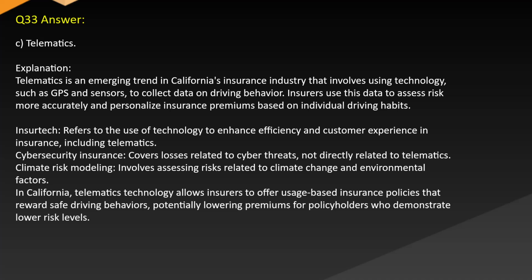Cybersecurity insurance covers losses related to cyber threats, not directly related to telematics. Climate risk modeling involves assessing risks related to climate change and environmental factors. In California, telematics technology allows insurers to offer usage-based insurance policies that reward safe driving behaviors, potentially lowering premiums for policyholders who demonstrate low risk levels.